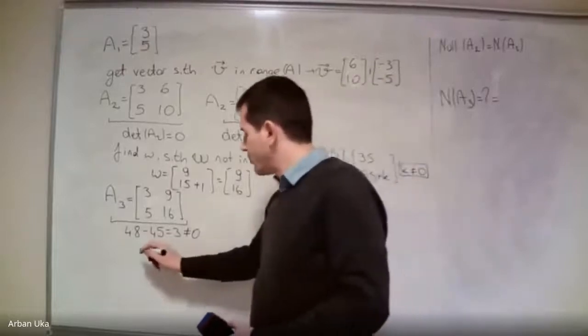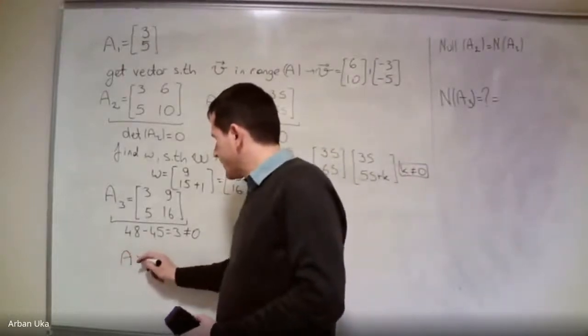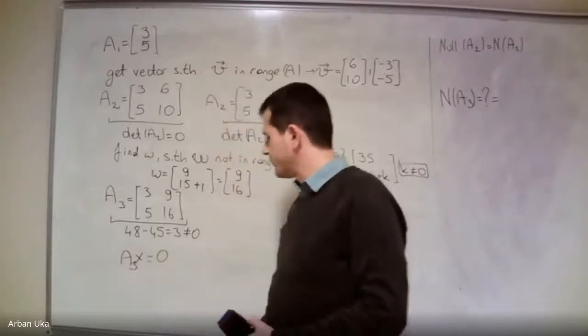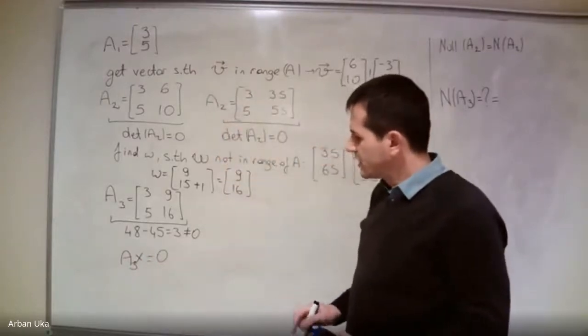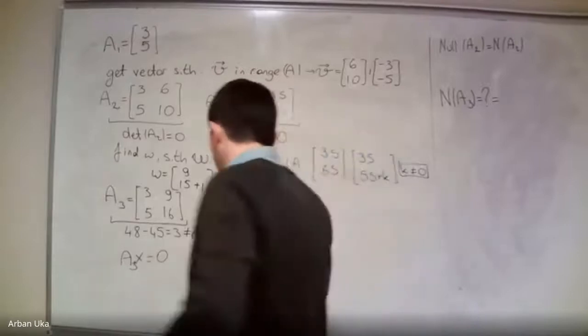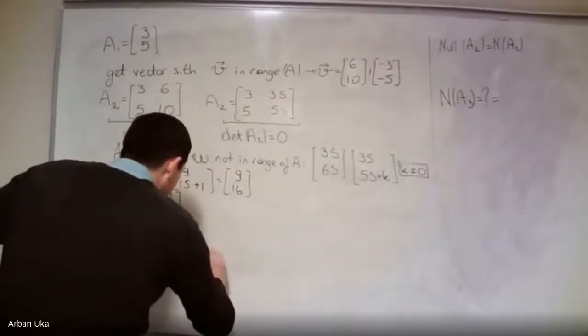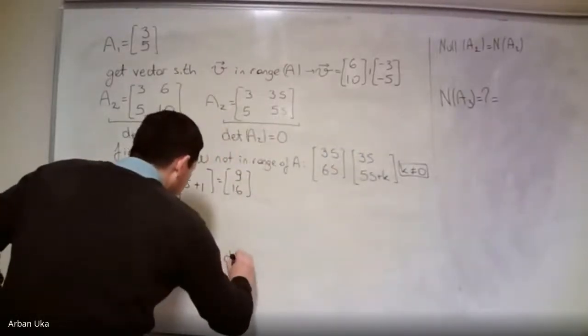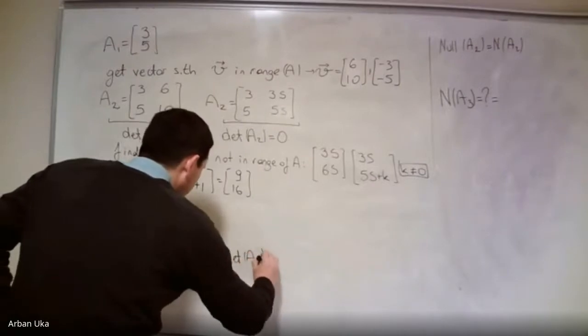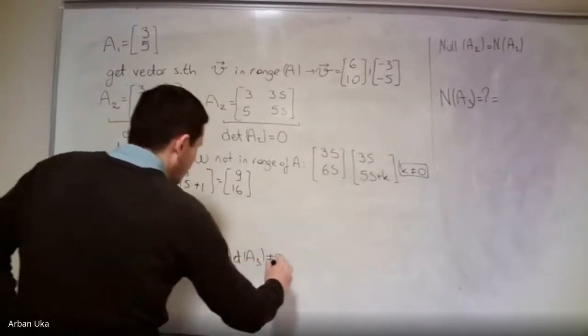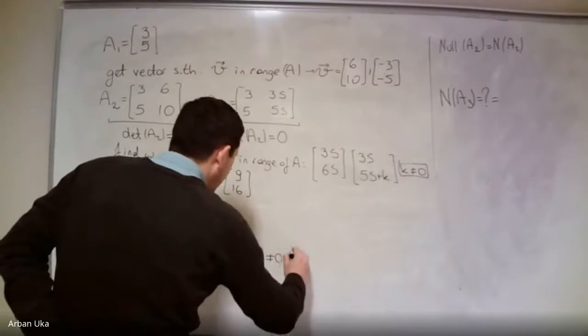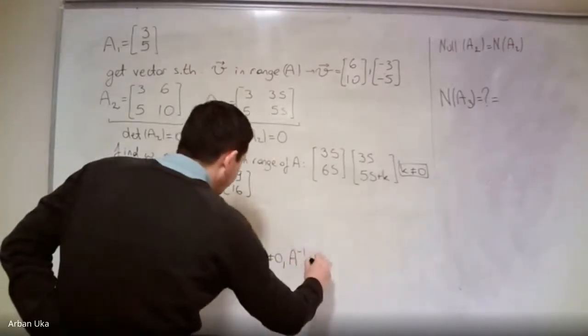That's it. Why is this the case? Because we're looking for the solution x such that A3 times x is equal to 0. And since the determinant of A3 is different than 0, then we can say that A inverse exists.